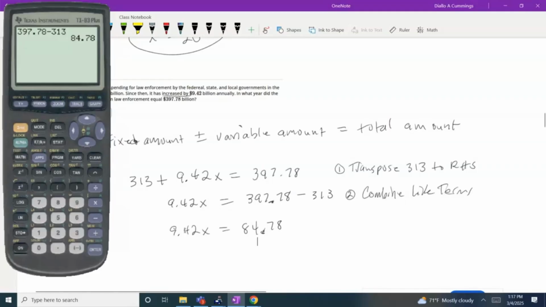Now the last thing to do here is to solve for x. So the opposite of multiplying x by 9.42 is to divide both sides by 9.42.